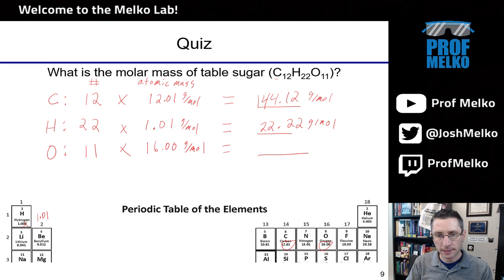Third one, 11 times 16, I get 176 grams per mole. Now I simply add up all of these to get my total molar mass. So 144.12 plus 22.22 plus 176, I get 342.34 grams per mole.